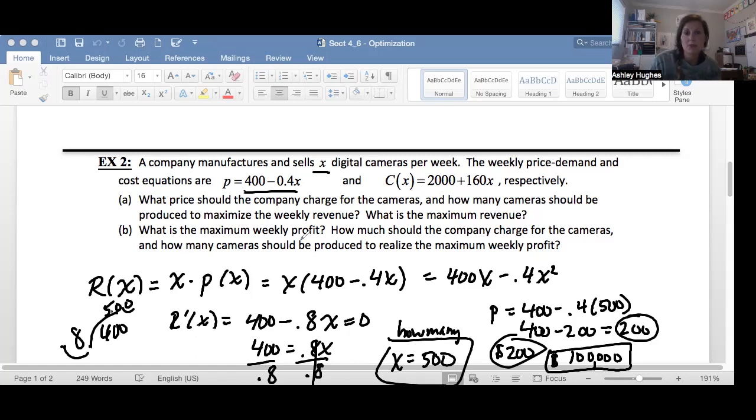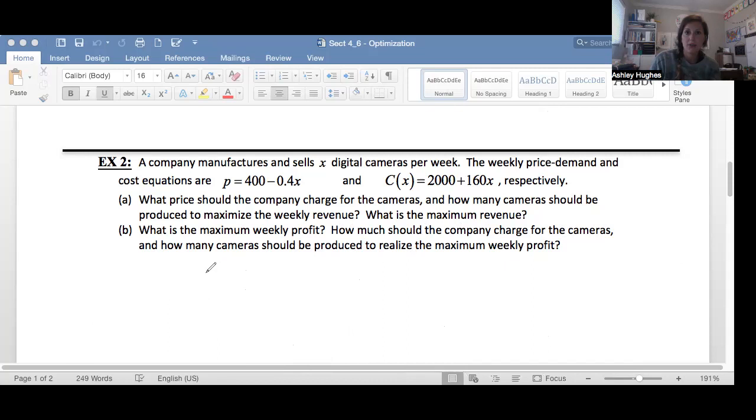Now, what is the maximum weekly profit? How much should the company charge for the cameras? How many cameras should be produced? Okay, so how do you find profit? Remember, profit is your revenue minus your cost. So I have revenue was the 400x minus 0.4x squared, minus parentheses 2000 plus 160x.